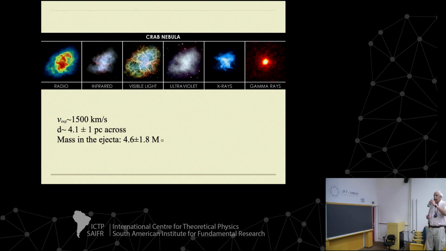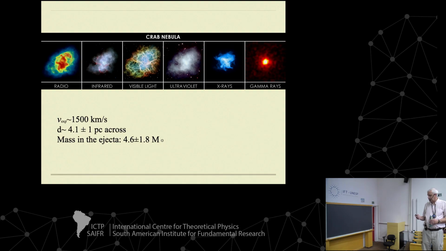Okay, now let's move to the Crab Nebula. The Crab Nebula is a supernova remnant associated with the Crab pulsar. This is perhaps the most famous supernova remnant in the galaxy. The explosion was observed by the Chinese in the year 1054, and it's a very, very young system.